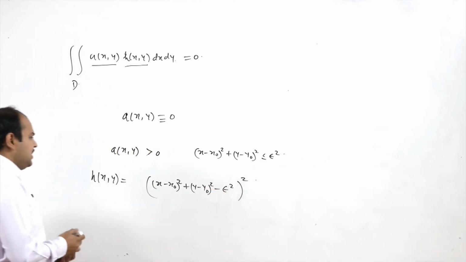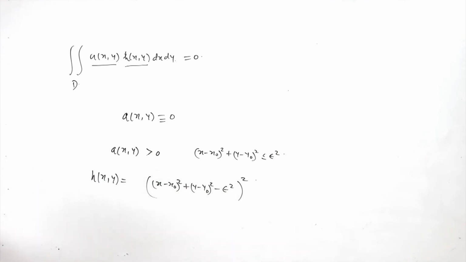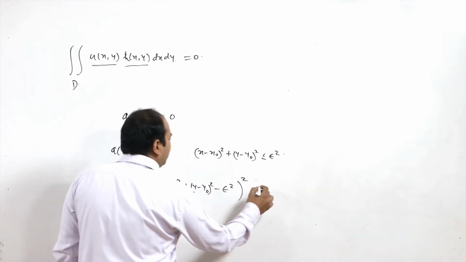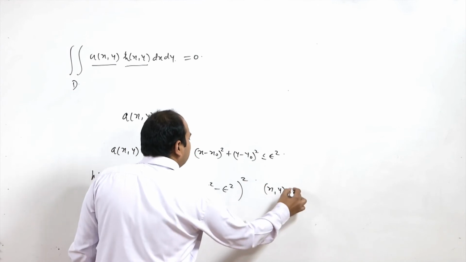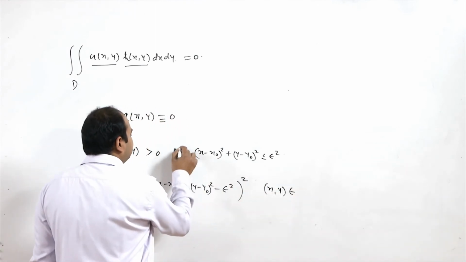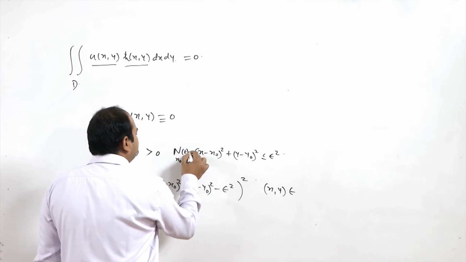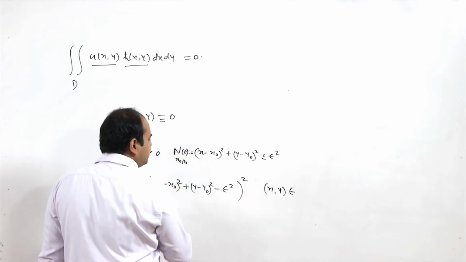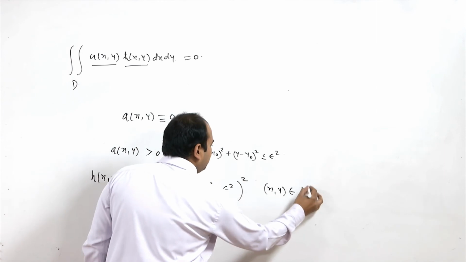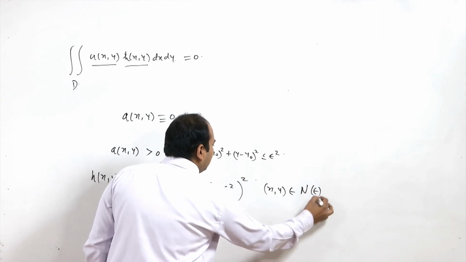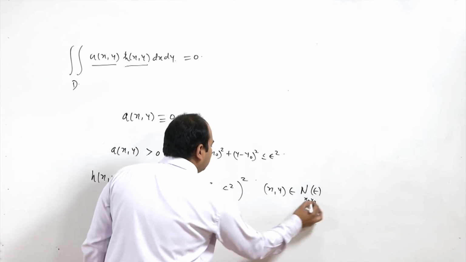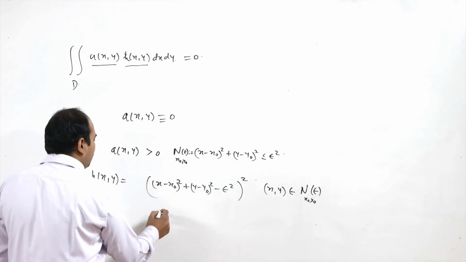Let us call this domain N epsilon of (x naught, y naught), with radius epsilon. When (x,y) belongs to this domain, h(x,y) is this, otherwise 0.